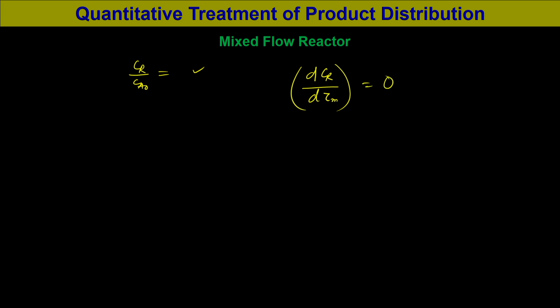So, if we do so, we would obtain CR by CA naught is equal to K1 tau m divided by 1 plus K1 tau m into 1 plus K2 tau m.